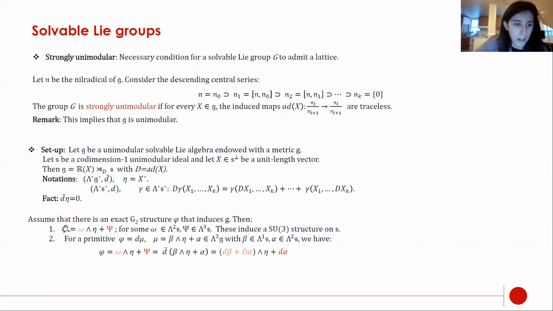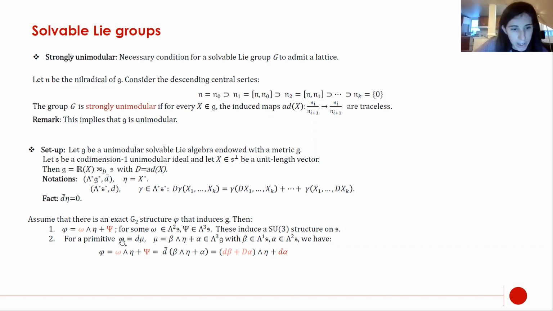Then, well, one can decompose phi according to the orthogonal splitting of G as R, the span of X, and S, and write phi as a two-form omega wedge eta plus psi, where omega and psi are forms on S. And as some slides ago, since the splitting is orthogonal, this omega and psi induce an SU3 structure on S.